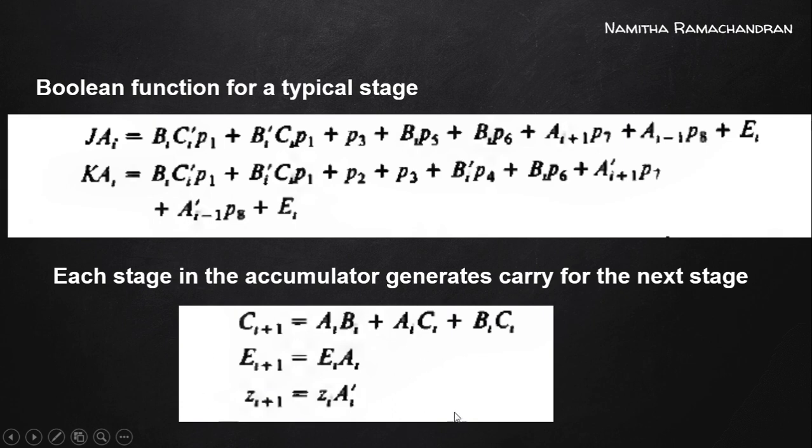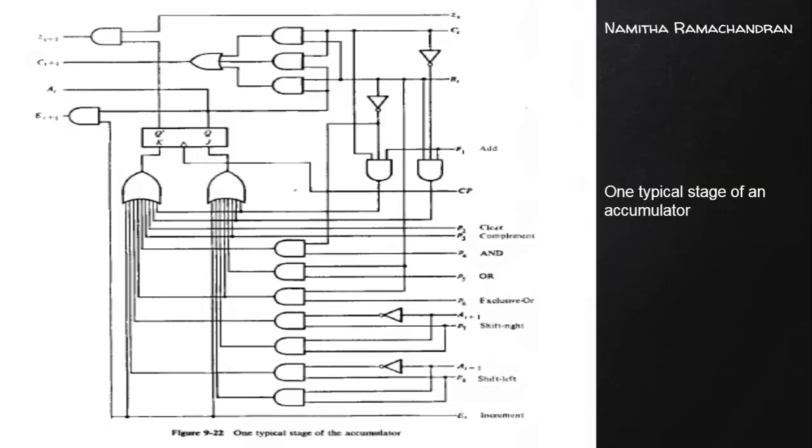And this is the Boolean function corresponding to C carry out, E and Z carry out, and this is the Boolean function representation corresponding to J and K input. So using these expressions, now we can consider the combinational circuit like this.